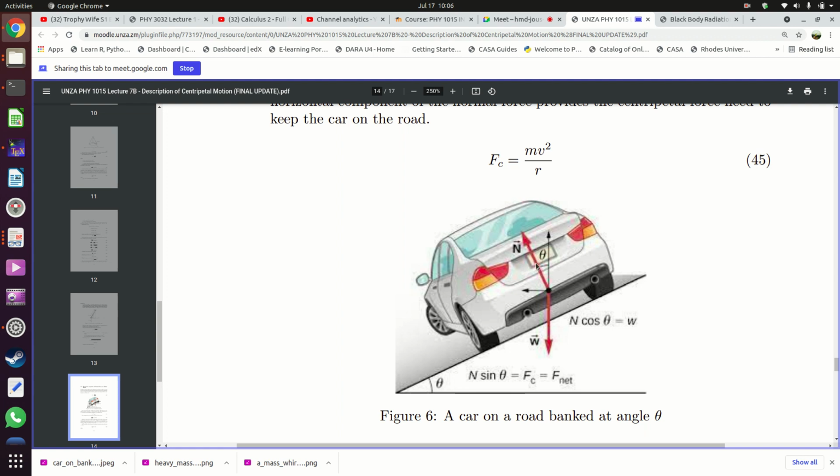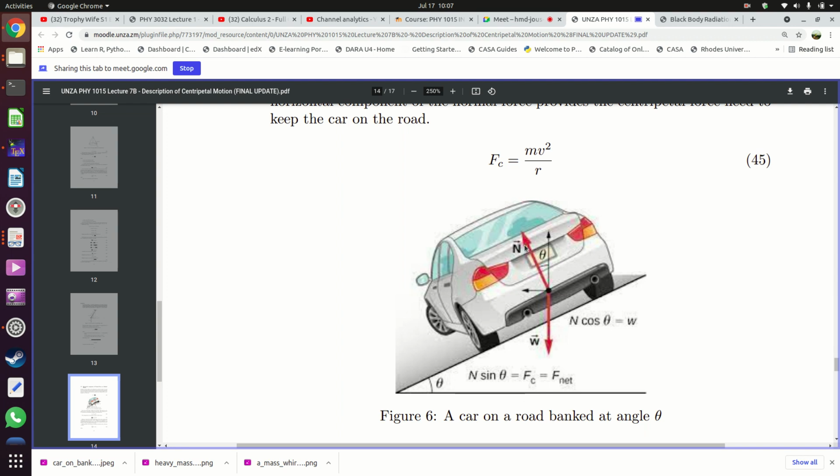When you break up this normal force into its horizontal and vertical components, this bit here is what is providing the centripetal force: the normal force multiplied by the sine.